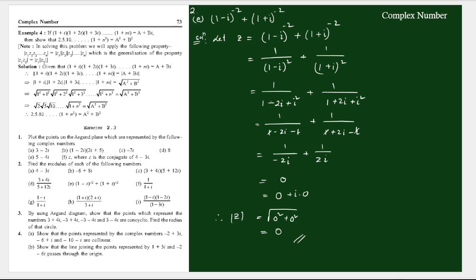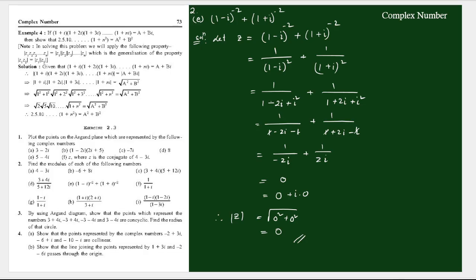Questions 3 and 4 you will be able to do, whether they are collinear or not. So you plot on the plane, okay, in a diagram, and you see if all these 3 points become one straight line or not. And then in number B, so that this represent passes through the origin. So whether it passes through the origin or not, you check in a diagram.